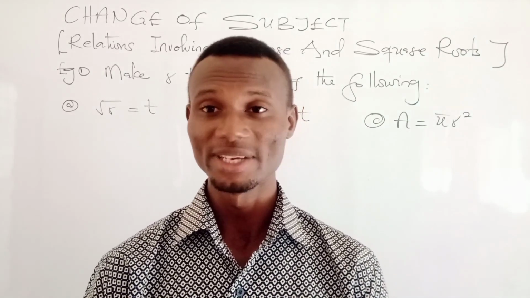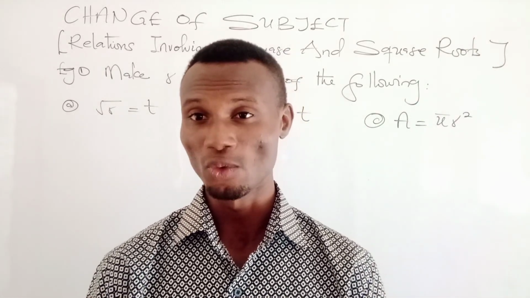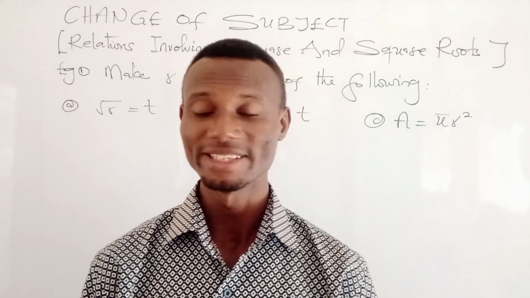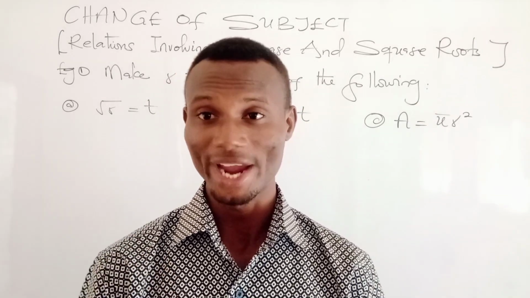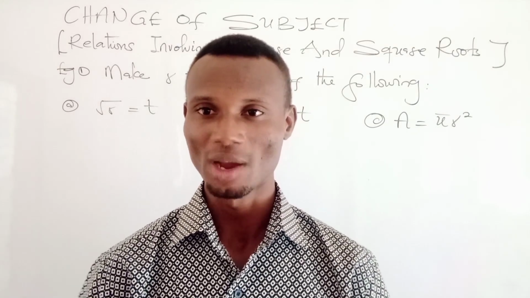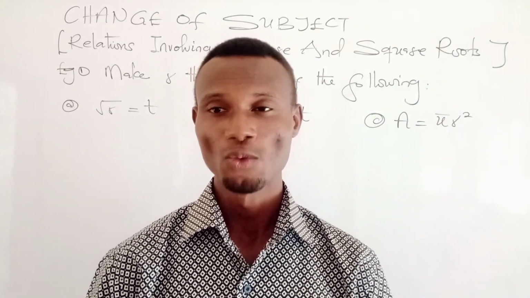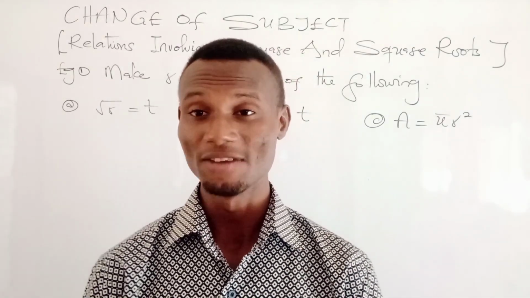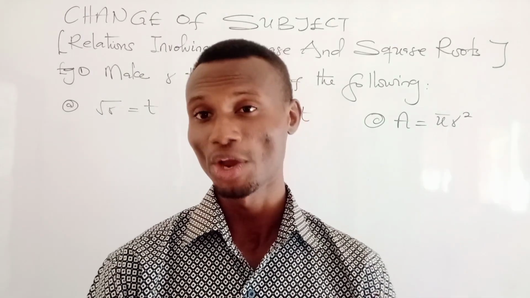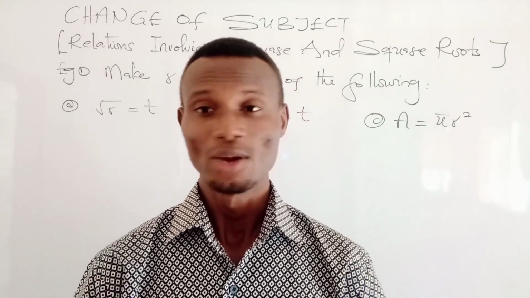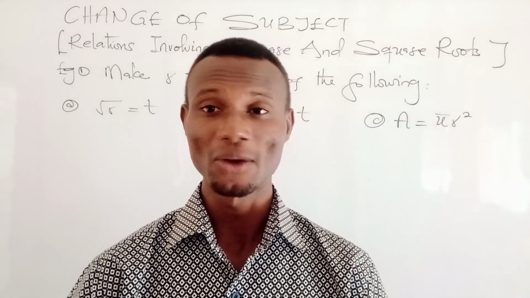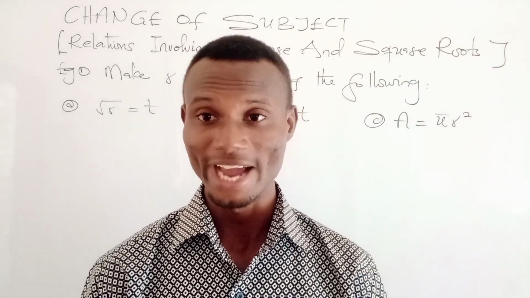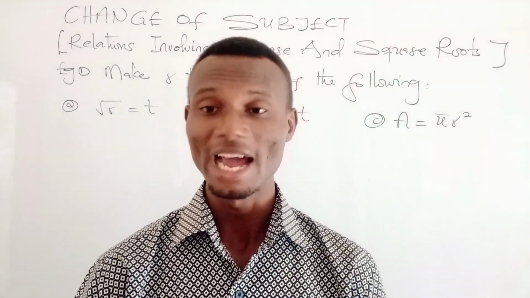All that it means is that you have a given equation which either contains a square root sign or some of the variables are squared. Let me repeat it one more time. When we talk about relations involving square and square root under the change of subject, it means you have a given equation which either contains a square root sign or some of the variables are squared.